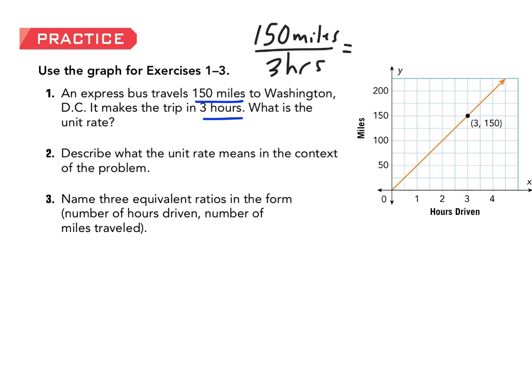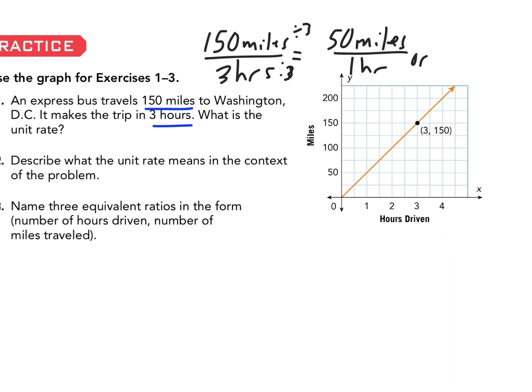Another thing you can consider is when you get the unit rate, what are your units? And is that what you're used to hearing or not? So if you divide this out, or if you think of dividing both of these by 3, 150 divided by 3 would be 50. So this is 50 miles per 1 hour, or we could say 50 miles per hour.